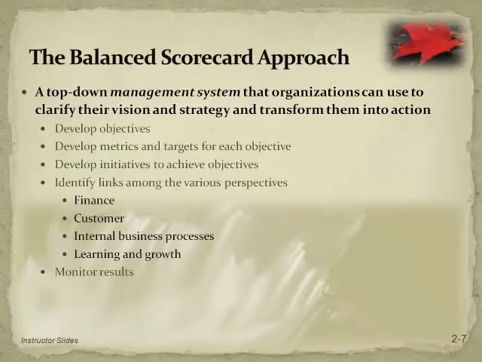The balanced scorecard approach was first introduced back in 1992 by Robert Kaplan in a Harvard Business Review article titled Balanced Scorecard. You may want to do a Google search on Balanced Scorecard or Robert Kaplan and take a look at his paper that he wrote in the Harvard Business Review.